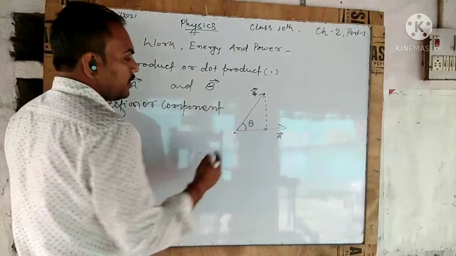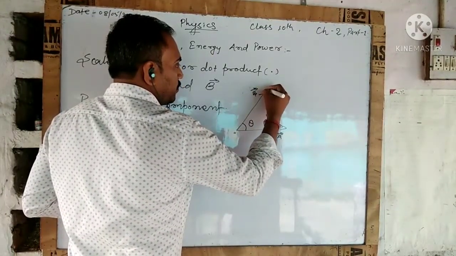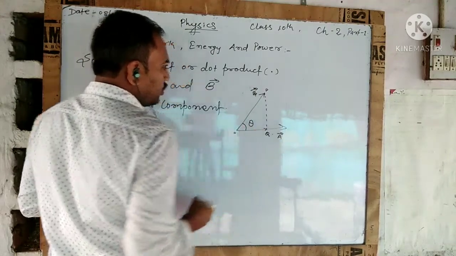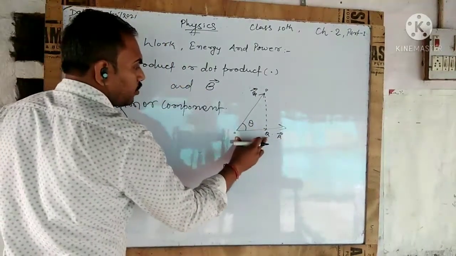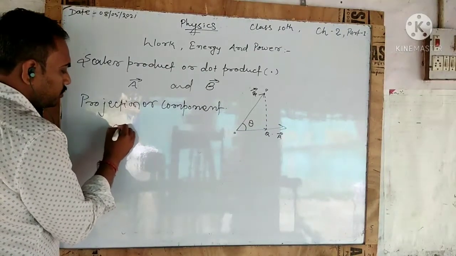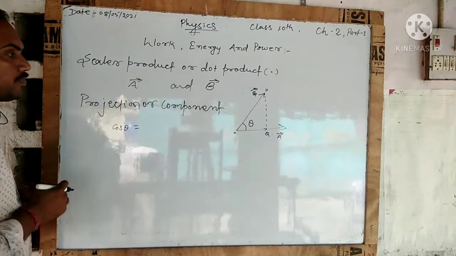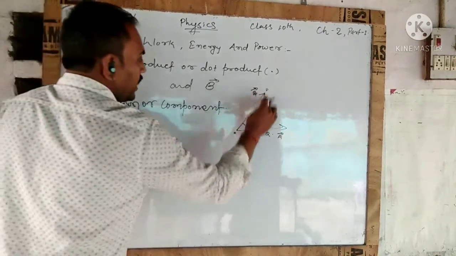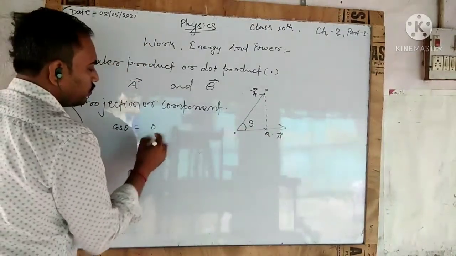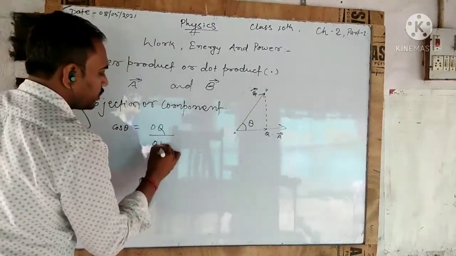Let's say OB, this is point P, Q. So I have to find OQ. Cos theta is base upon hypotenuse. So base is OQ, hypotenuse is OP.